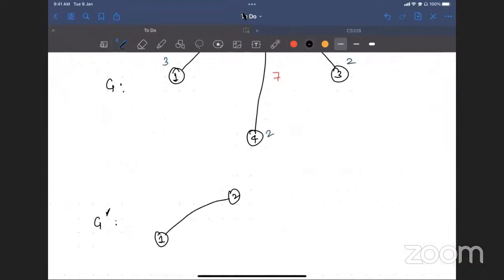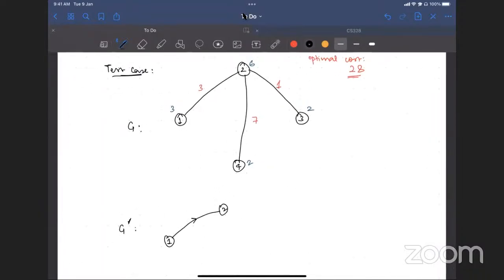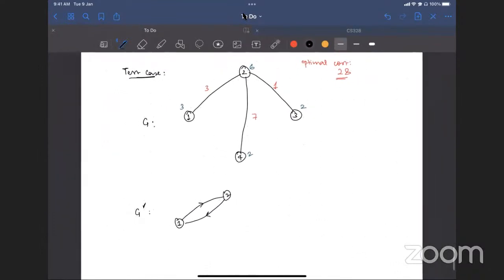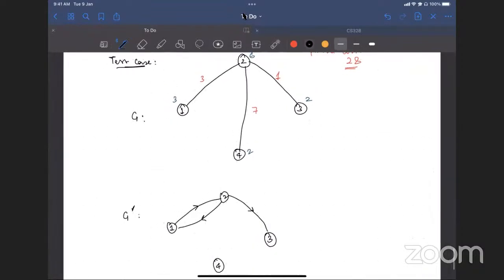Can you tell me what will be the weight of this edge going from 1 to 2? Anyone?